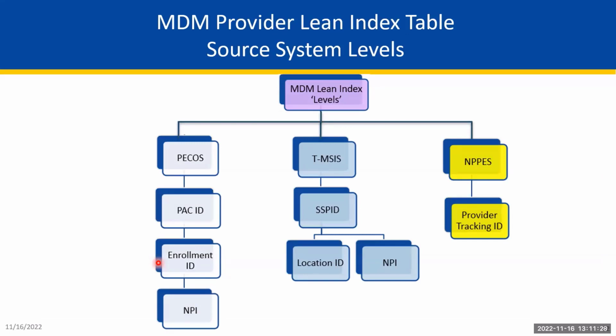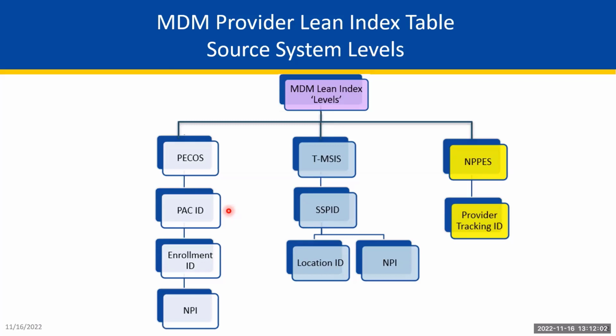Working with the PMI SPP data products, especially the comprehensive PMI SPP tables, a user should understand the levels at which each source system stores its data. For example, PECOS stores the attributes at different levels like PAC ID, enrollment ID, and NPI. Take name information or sanctions or legal actions: that information is stored in PECOS at the PAC ID level.